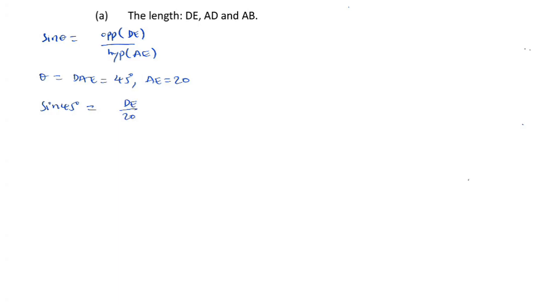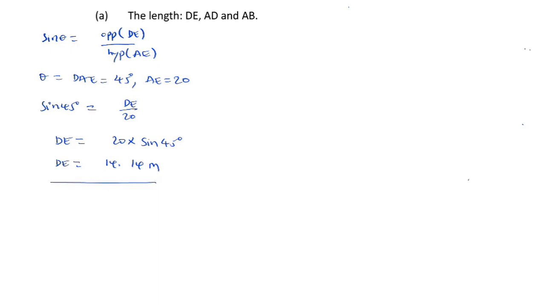Okay, so next let us make DE the subject. We are going to have DE equals 20 times sine 45 degrees. So reading the value of sine 45 degrees from the table and multiplying by 20, we are going to have DE equals 14.14 meters.